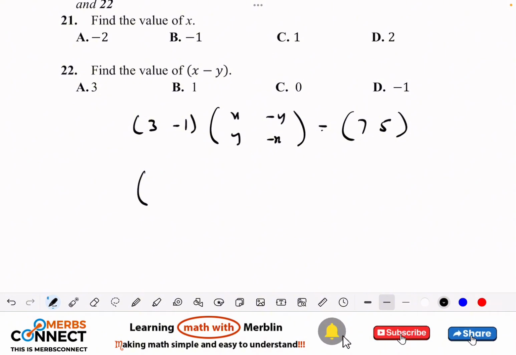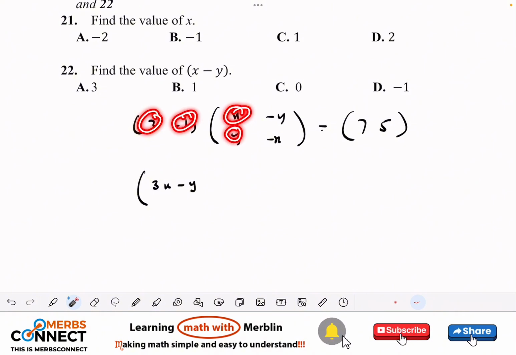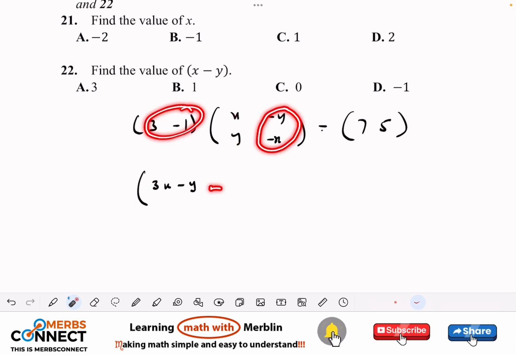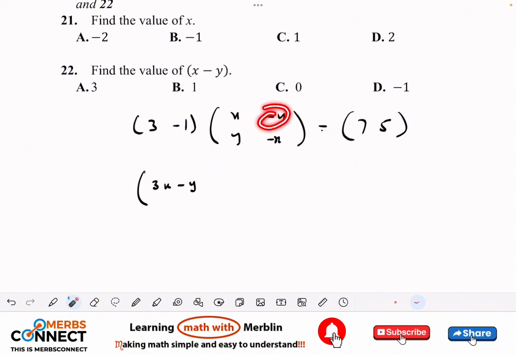3x minus y, right? So this will multiply this plus this will multiply this. So this times this will be this plus this times this will be just minus y. Then I leave a space and I pick this one to multiply this one too. So this will multiply this plus this will multiply this. So I'm going to have minus 3y.